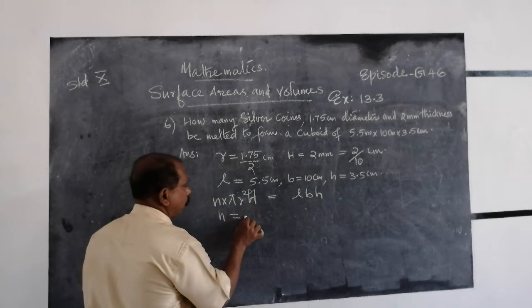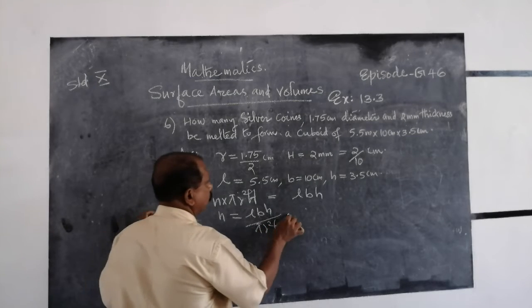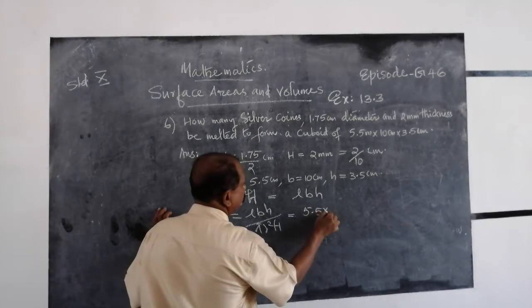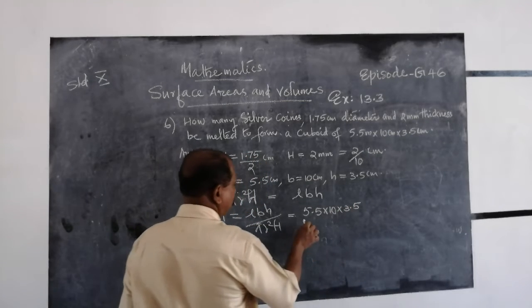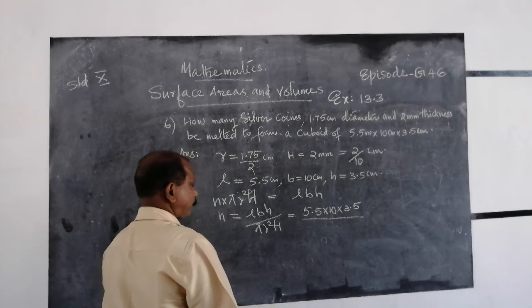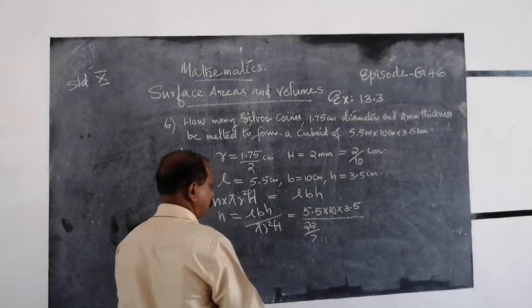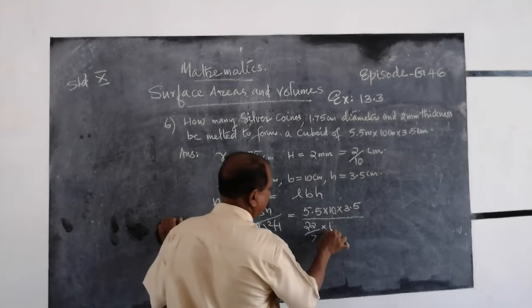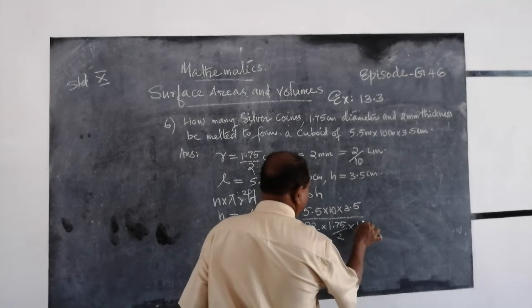Therefore, N is equal to LBX by pi r square X, what is L? 5.5 into 10 into 3.5 divided by pi, that is 22 by 7, into r, 1.75 by 2, into 1.75.